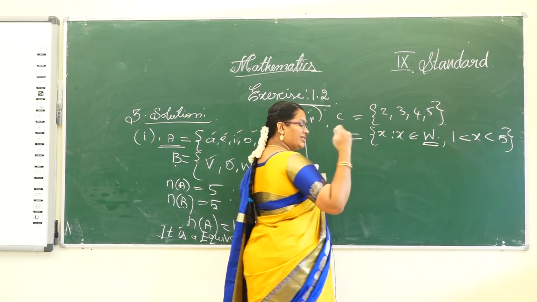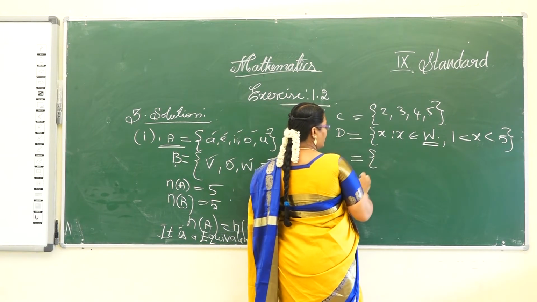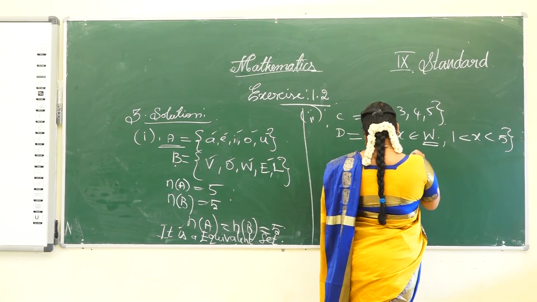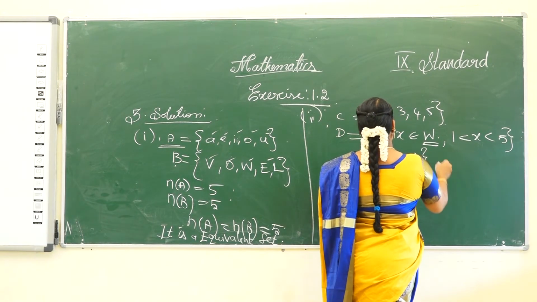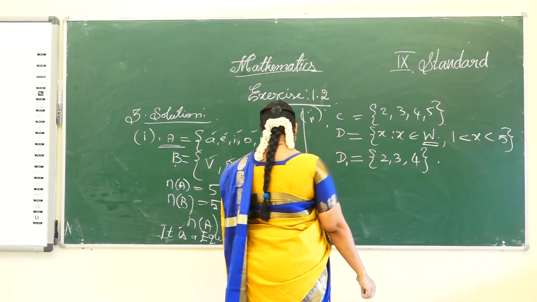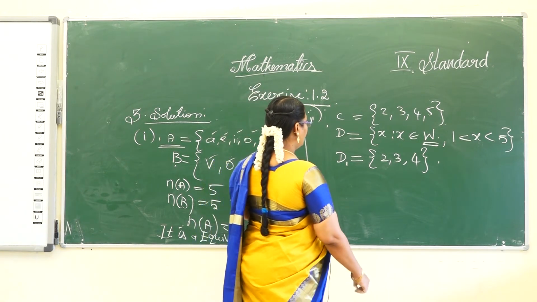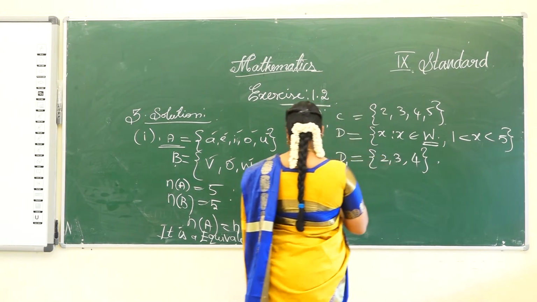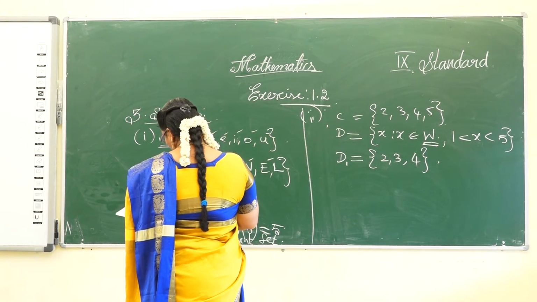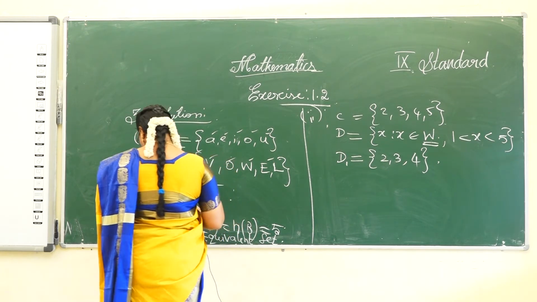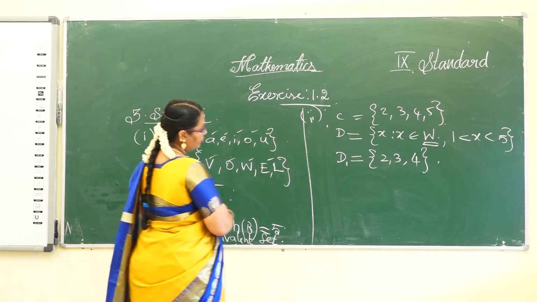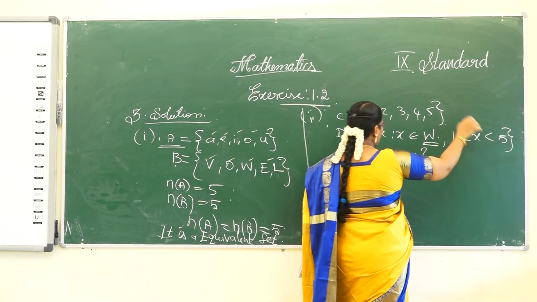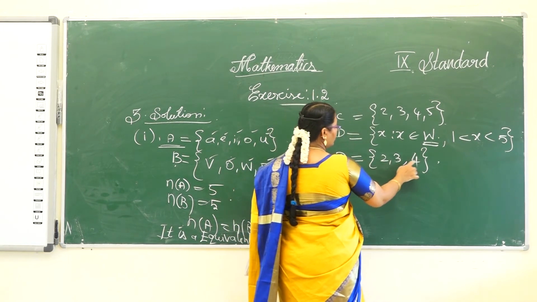More than 1 and less than 5. Here consider the interval 1 is less than x less than 5. So the elements of set D are 2, 3, 4.